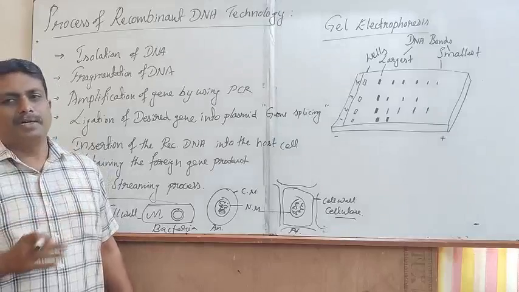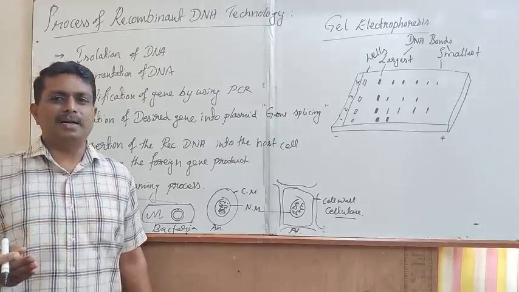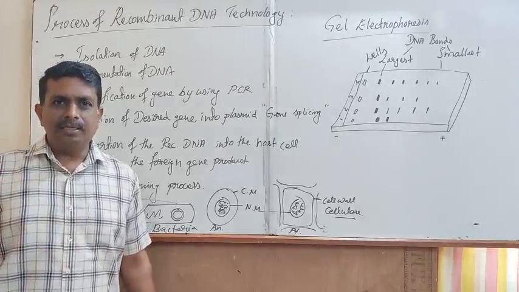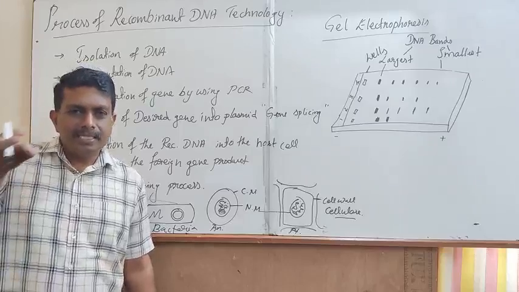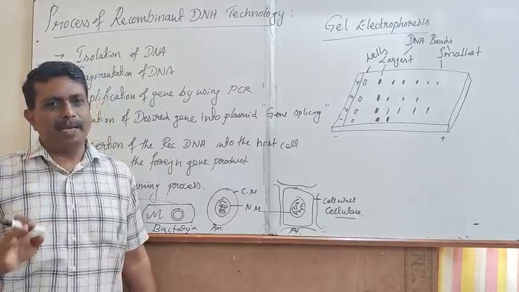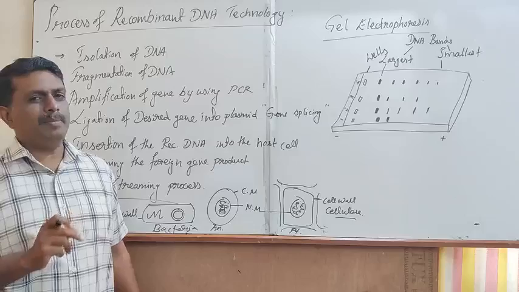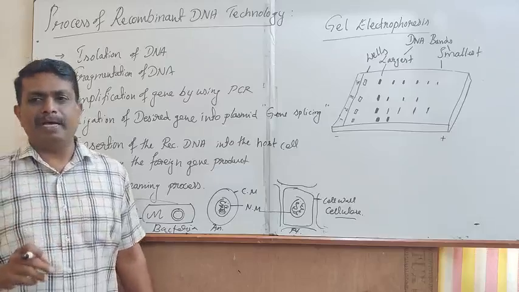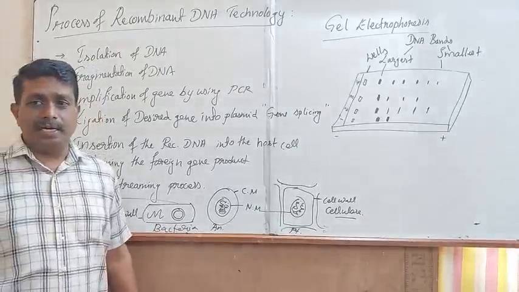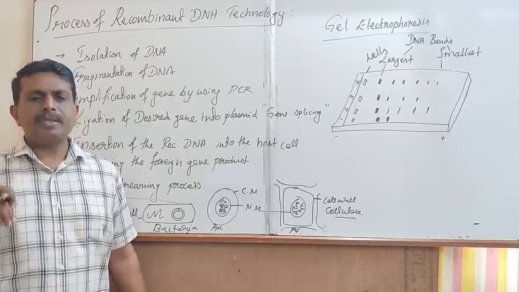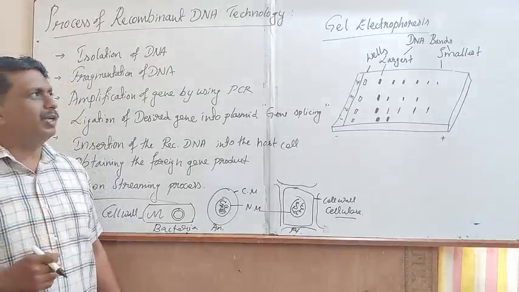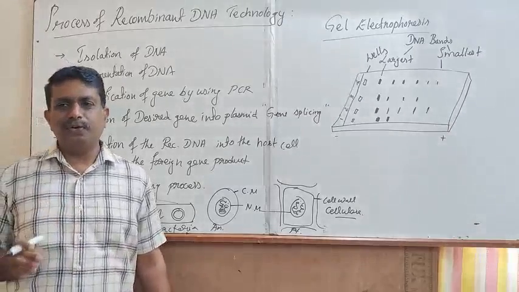That unique DNA is called passenger DNA. After obtaining the desired gene, it is separated by making use of gel electrophoresis.